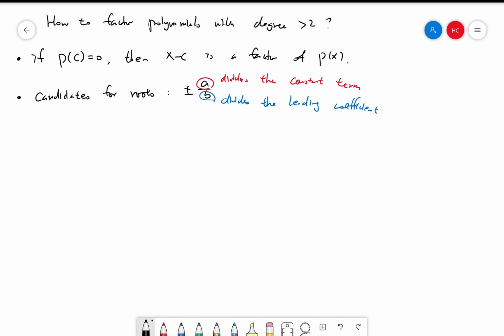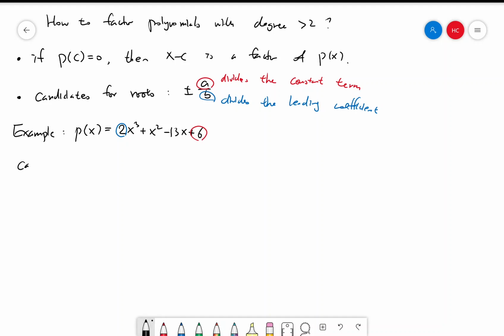Alright, so let's do an example. Let's consider p of x equals 2x cubed plus x squared minus 13x plus 6. The leading coefficient is, no, it's not 1. It's 2. And the constant term is 6.